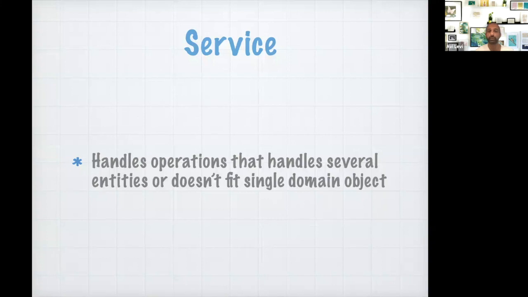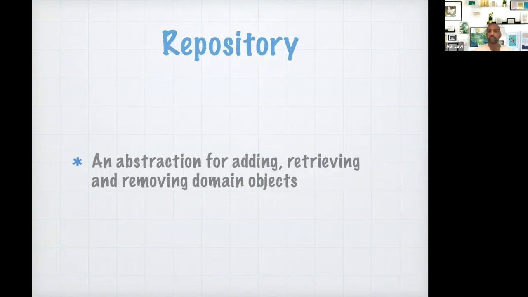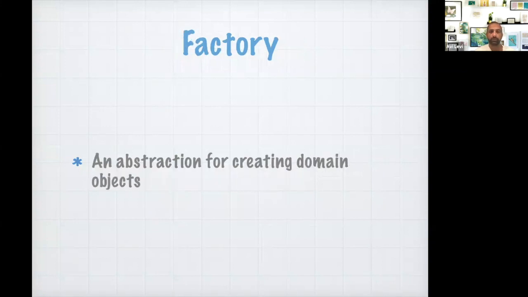But if we want to handle some kind of operation that handles several entities, or it's too large to fit in a single domain object, then we will create a service that does that for us. A repository is simply an abstraction of adding, retrieving, and removing domain objects. I think it's quite clear. A factory is the abstraction of creating domain objects. How do we create a new customer or a new address?